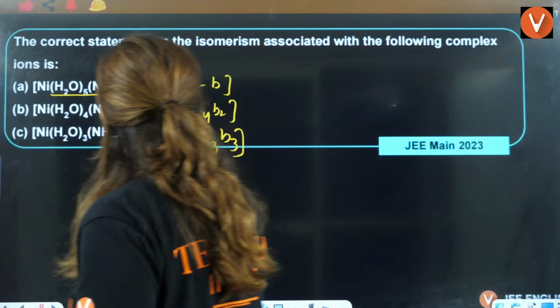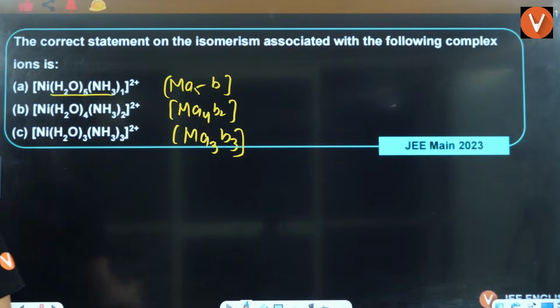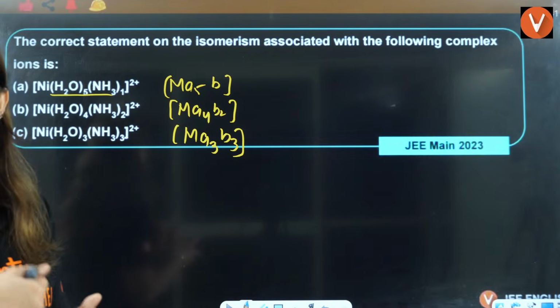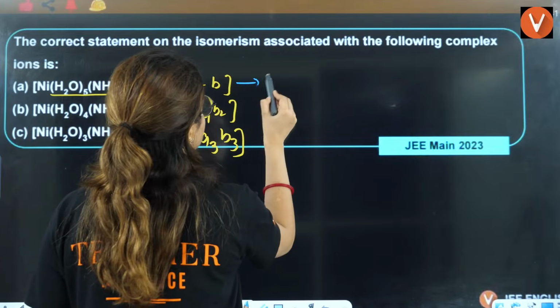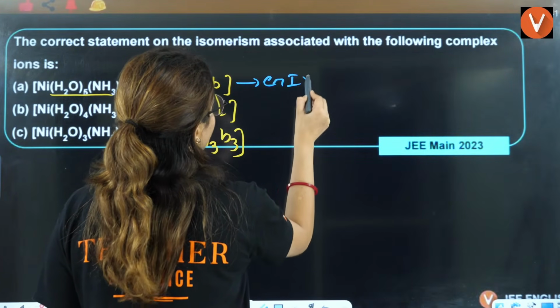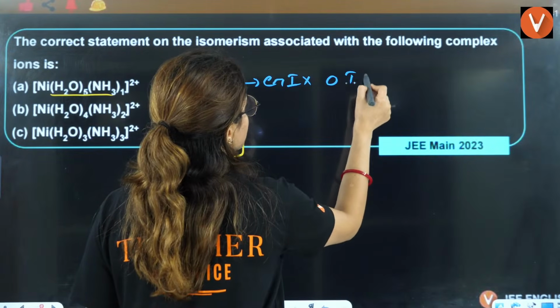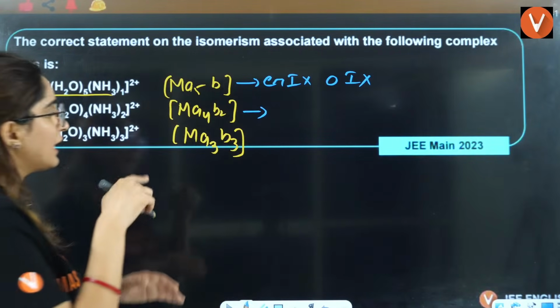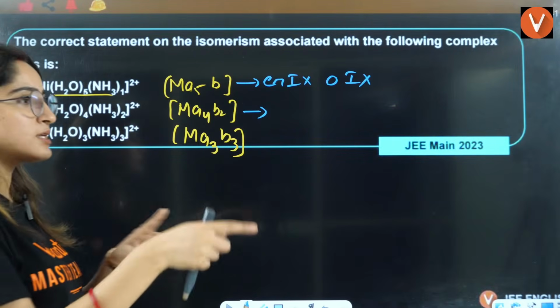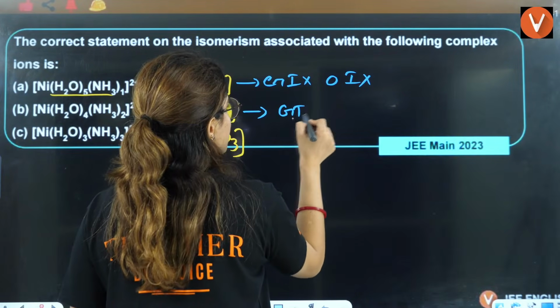If you talk about A5B, definitely it was not showing any geometrical isomerism. And optical isomerism, POS was present, so optical isomerism also it was not showing. A4B2, cis and trans it was showing, so GI was present.